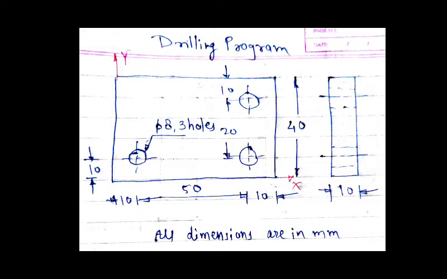Okay, in NC machine it is difficult to run it continuously, but CNC machine can run continuously for 24 hours a day.